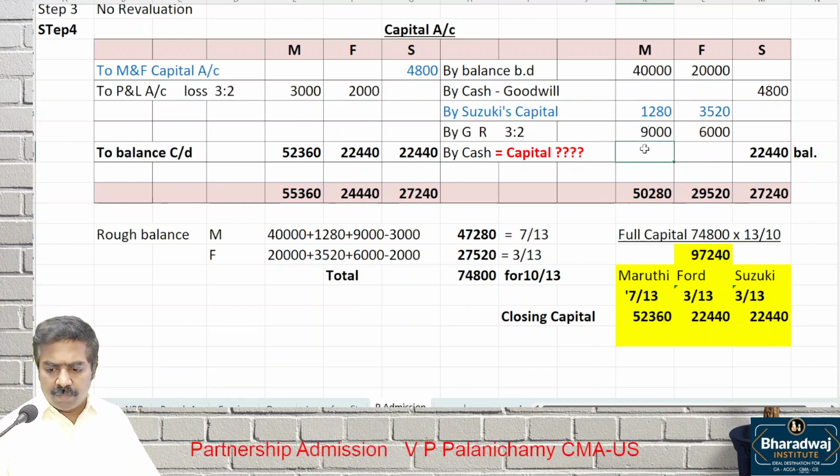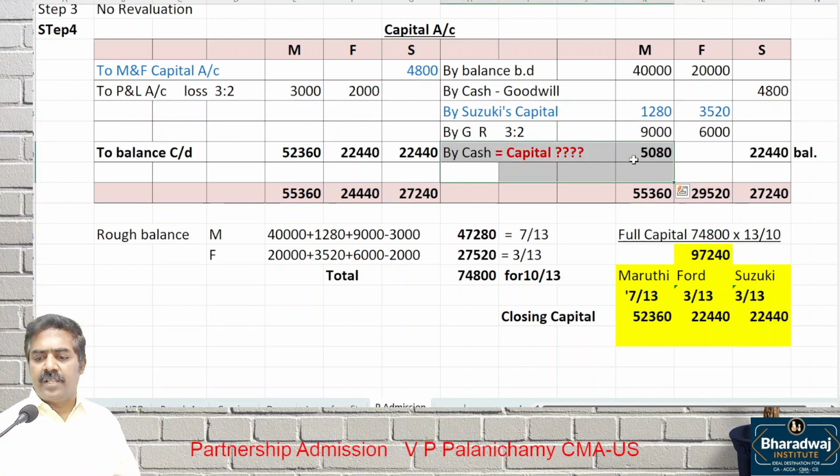Even Maruti has to bring in for the shortage. What is the shortage? 52,360 required minus 47,280 available. For the shortage you bring in, or you can take it as a balancing figure. This 5,080, either logically you think this much you have, this much is required, so bring in the shortage, or take it as the ledger balance. How much? 5,080.